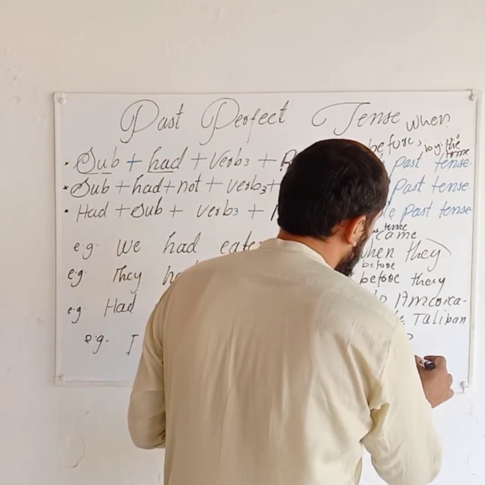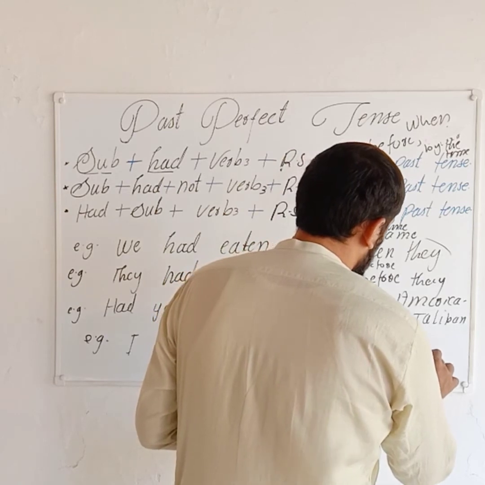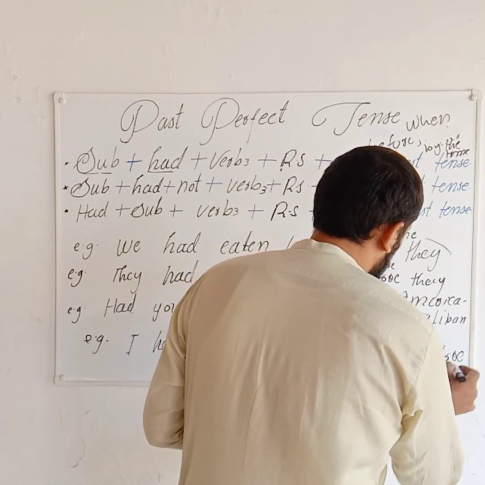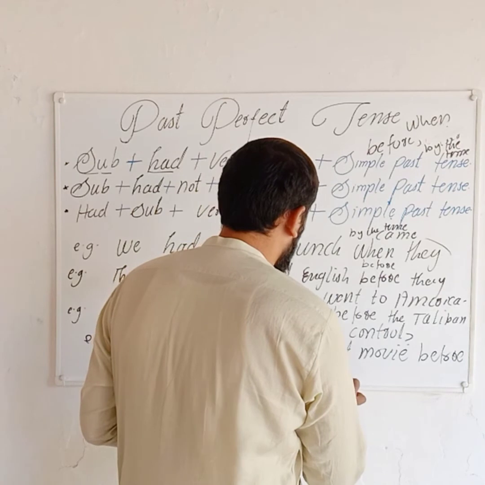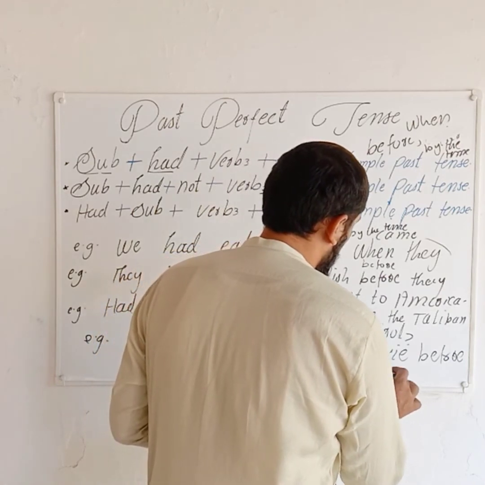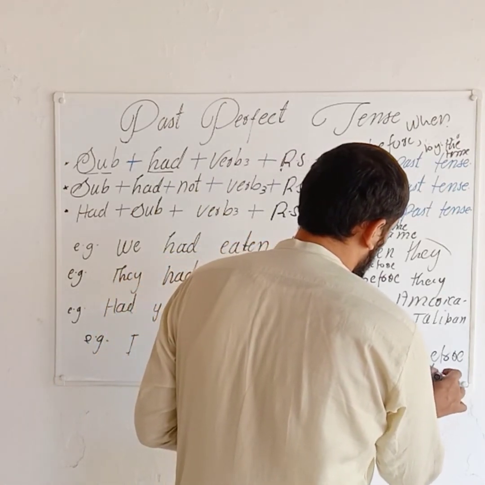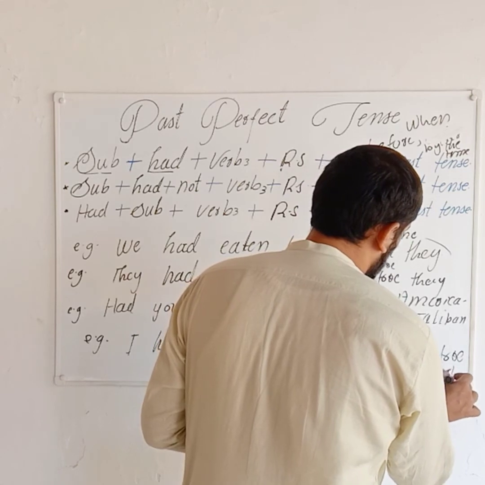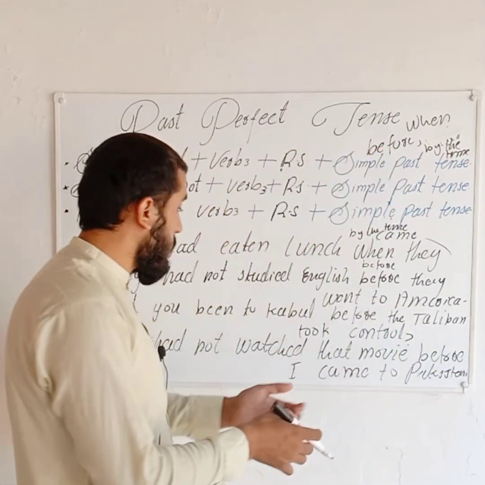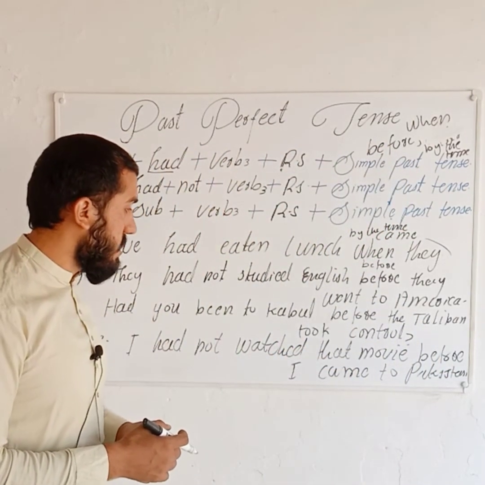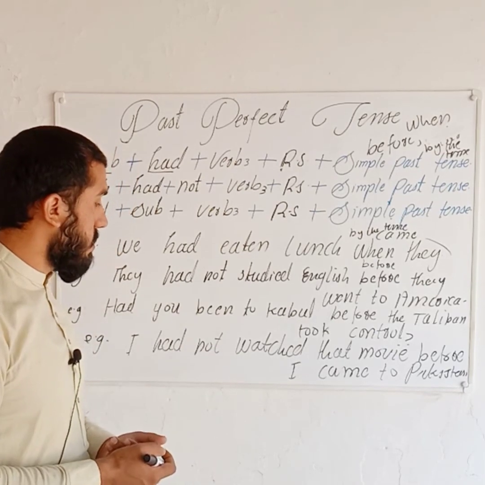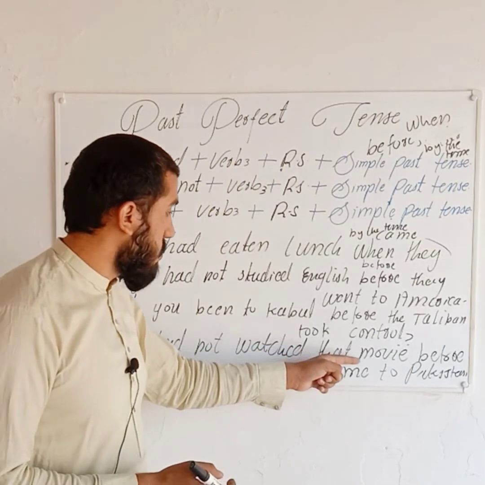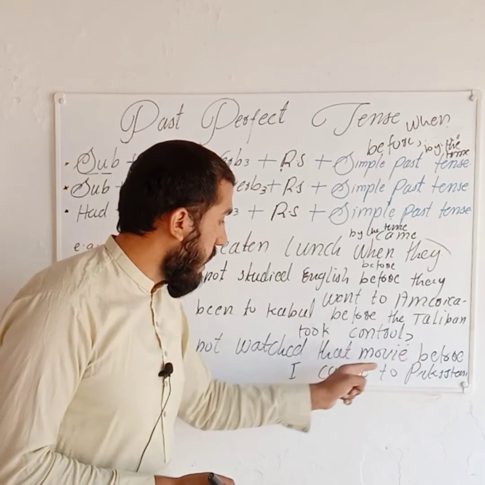And if you want to use simple past tense, before I came to Pakistan. I hadn't watched that movie before I came to Pakistan. Well, this is past perfect tense. I had not watched that movie before I came to Pakistan.